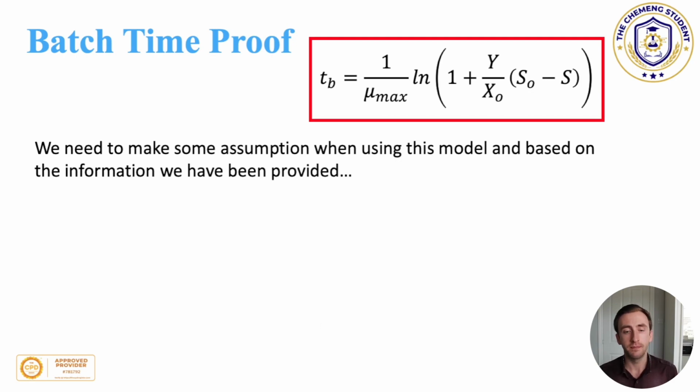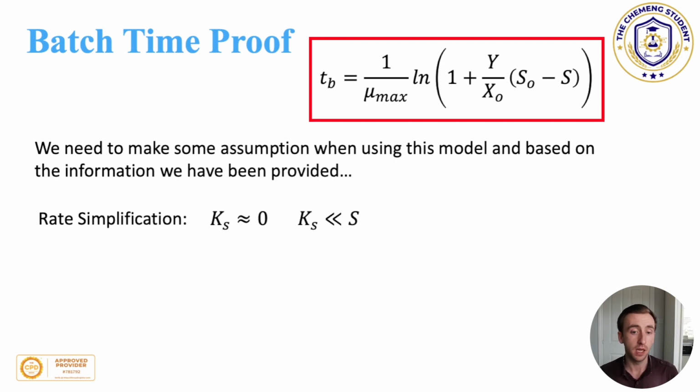Now, the proof of the batch time is going to be taking place through the following set of assumptions. We want to simplify the rate, so this particular rate expression will apply when the Ks is significantly smaller than the substrate concentration, which in the example that we're going to look at, it is certainly a lot smaller.